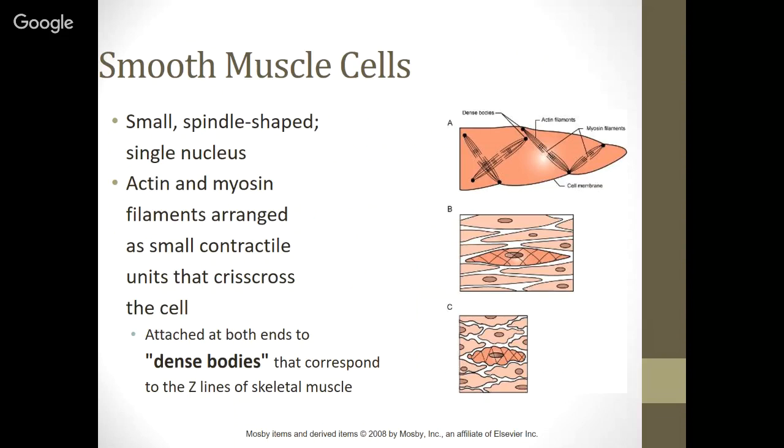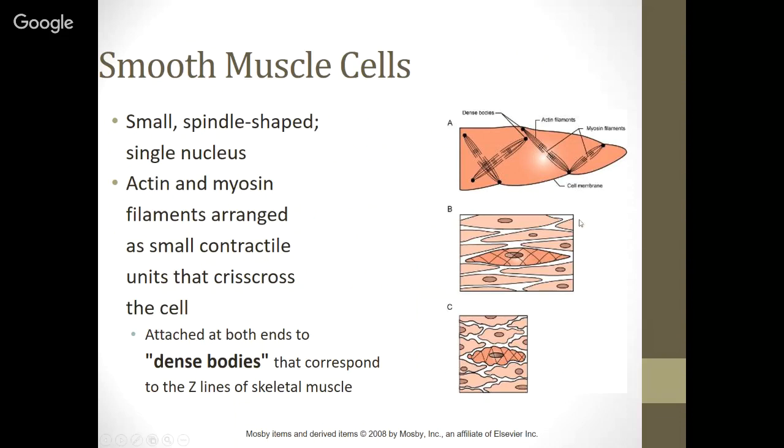The actin and myosin filaments are arranged as small contractile units that crisscross the cell. So when they contract, they squeeze the cell smaller. They're attached at both ends. Remember, we have to have some type of attachment to cause that contraction, and that's at dense bodies. They correspond with the Z lines of the skeletal muscle or intercalated discs of the cardiac muscle.